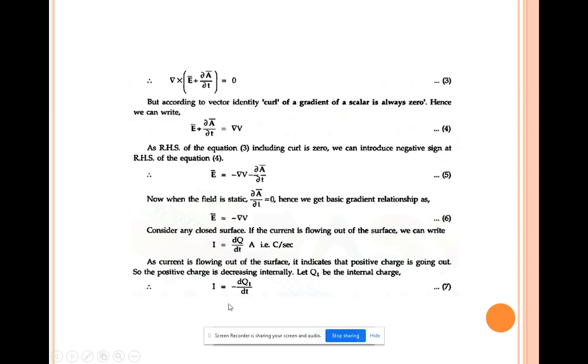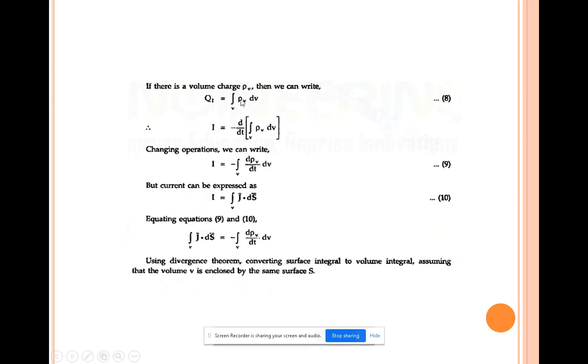Therefore, you can write the equation as I equal to minus d by dt of qi, which is the integral of rho v dv. Okay, just recap the value of qi in the above equation. Just change the operators, integral and d by dt. When you do that, the integral comes outside and d by dt goes inside. Okay, that's why d rho v by dt.